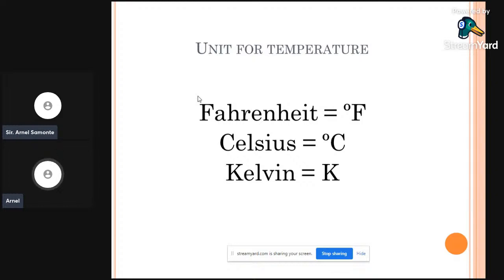Pero ang Fahrenheit naman is nagagamit sa US or Amerika. Mapapansin din natin na si Kelvin ay walang degree, unlike sa Fahrenheit and Celsius.